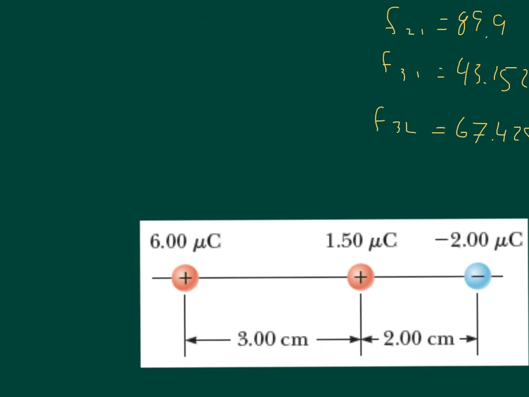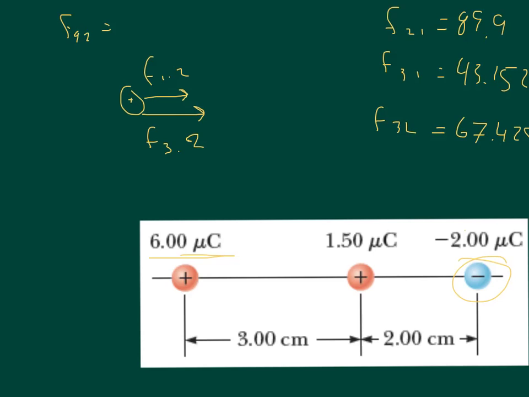Then for the force on charge 2, we'll just draw charge Q2. So here's this, and we have a repulsive force from Q1, so we'll call this F of 1, 2, and then we have an attractive force from Q3, so we'll call this F of 3, 2.